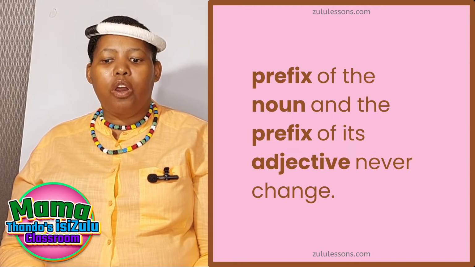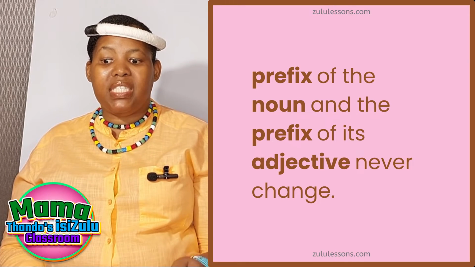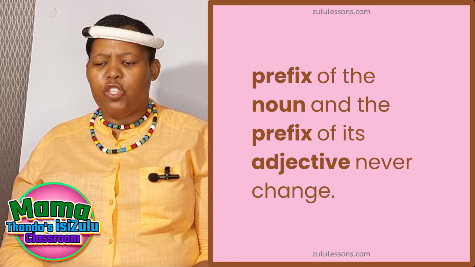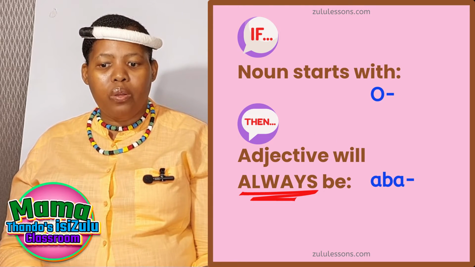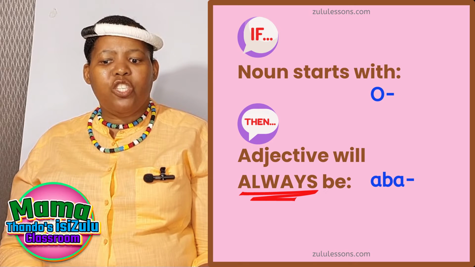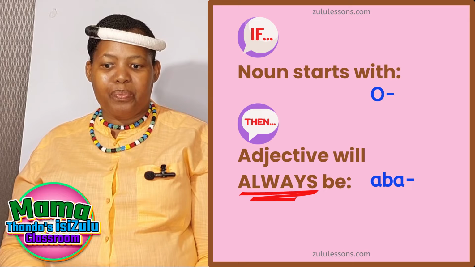The prefix of the noun and the prefix of its adjective never change. If a word starts with o, then its adjective will always start with aba.